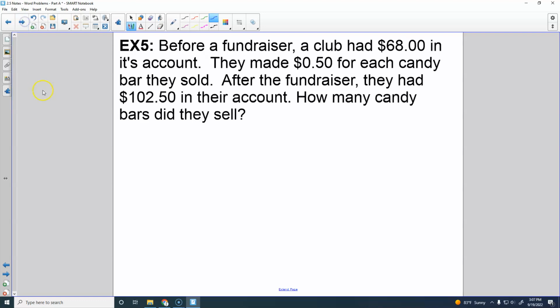I'm going to skip this one for right now because I want us to get to all of them, and it's similar to a couple that we've already done. All right, before a fundraiser, a club had $68 in its account. They made 50 cents for each candy bar that they sold. After the fundraiser, they had $102.50 in their account. How many candy bars did they sell?